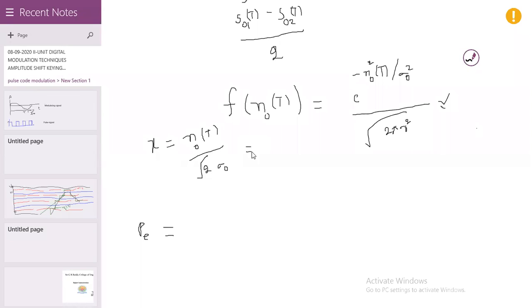Here n naught of t changes to S01 of t minus S02 of t by 2 into root 2 sigma naught. Sigma naught square is eta into t divided by 2 tau square.